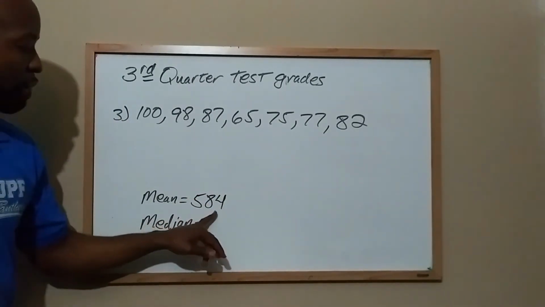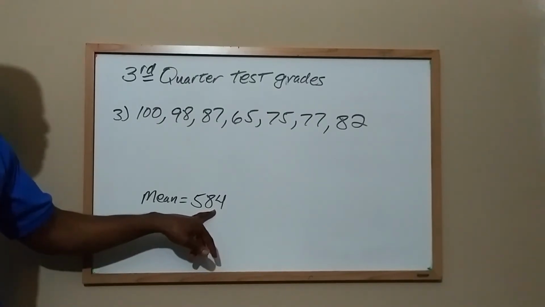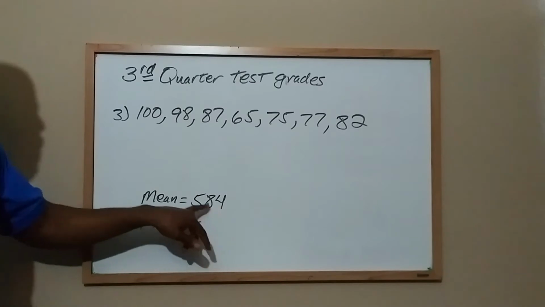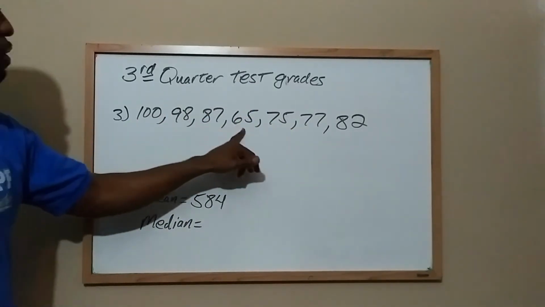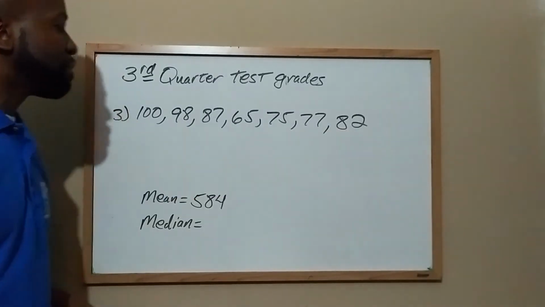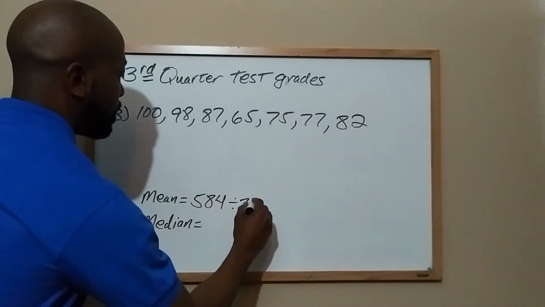This is my total. Now I need to divide 584 by the total amount of numbers in the list: 1, 2, 3, 4, 5, 6, 7. There are 7 numbers in the list. So it's 584 divided by 7.